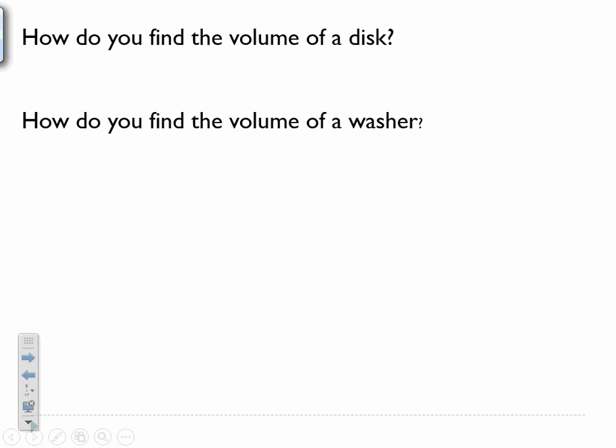First let's talk about just a disk. How do we find the volume of a disk? Pi r squared h, right? That is the volume of a disk.